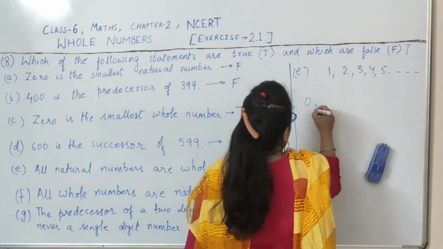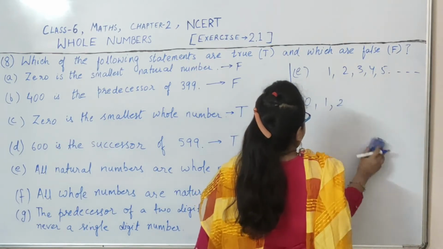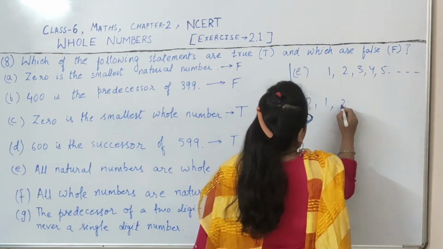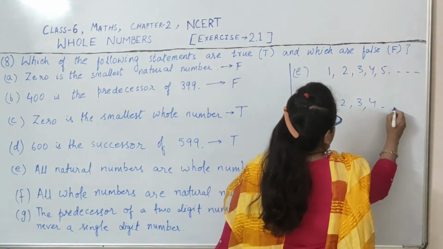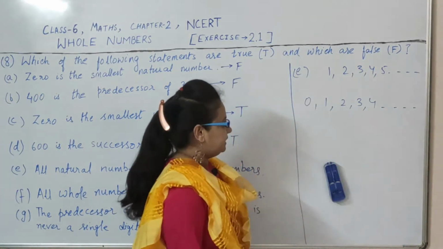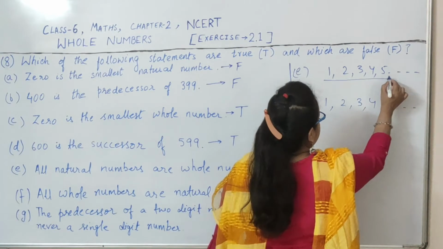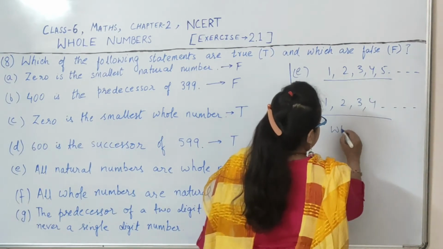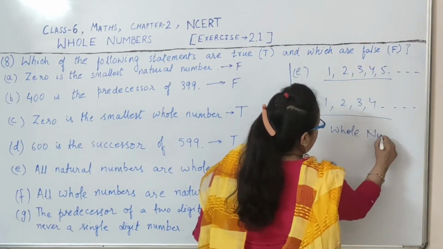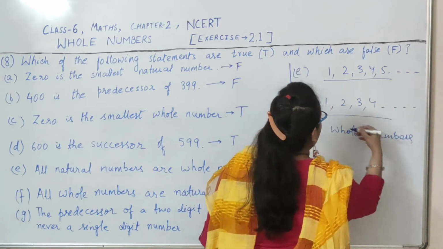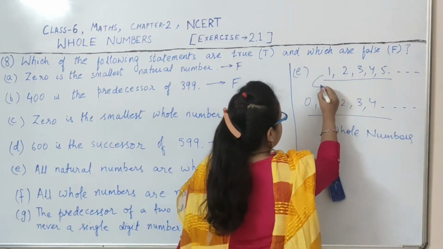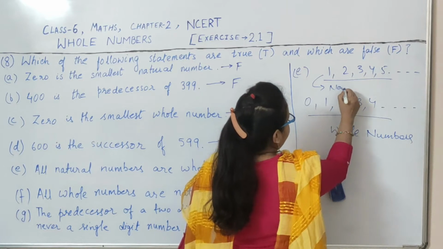Whole numbers are 0, 1, 2, 3, 4 and so on. These are natural numbers and these are whole numbers.